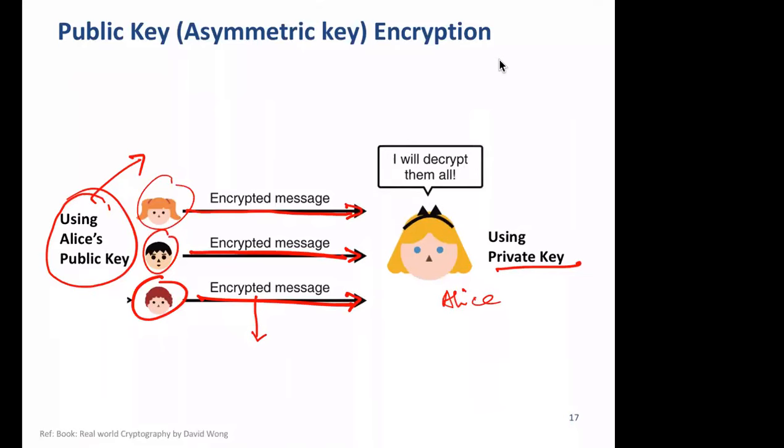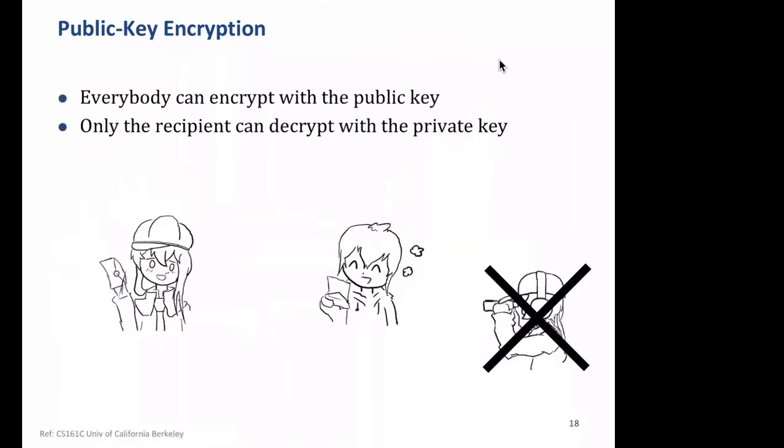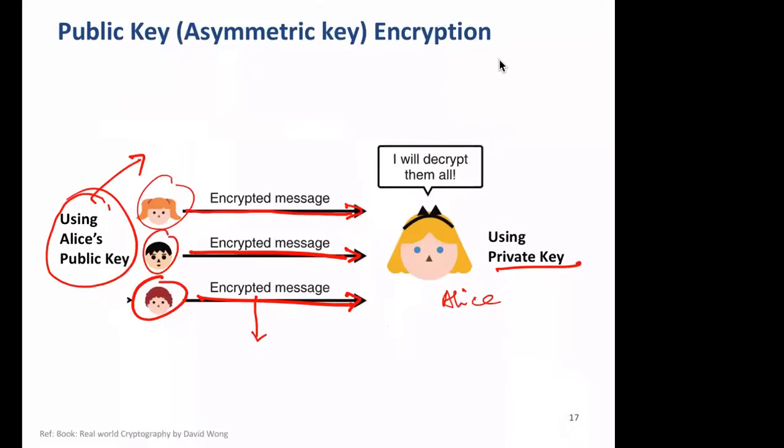Simple? All right. So to repeat, everybody can encrypt with the public key. Like here, everyone has encrypted using a public key. Whose public key? If this is Trudy, Trudy will not use her own public key.